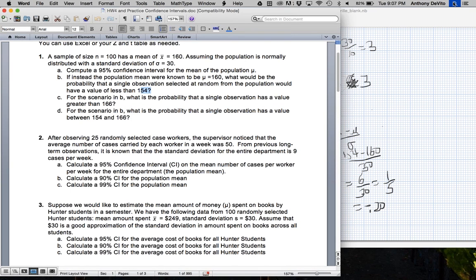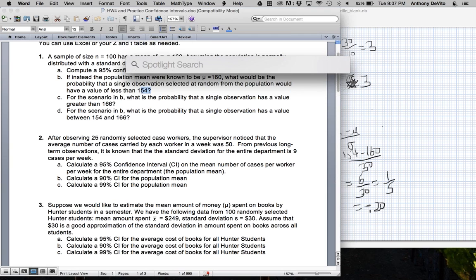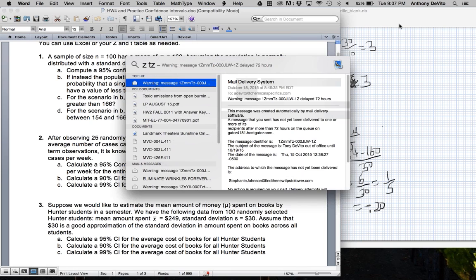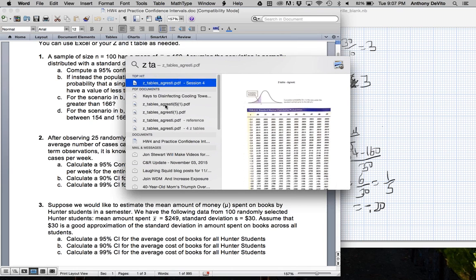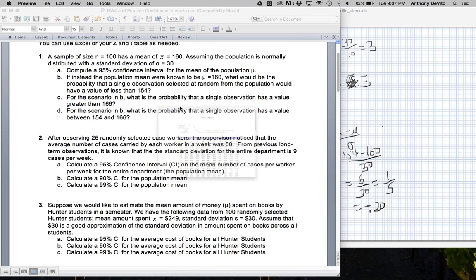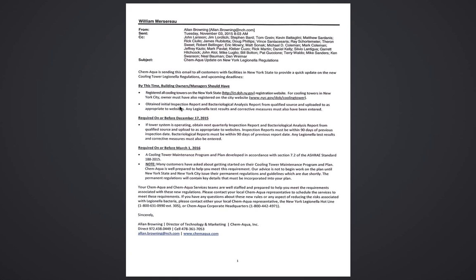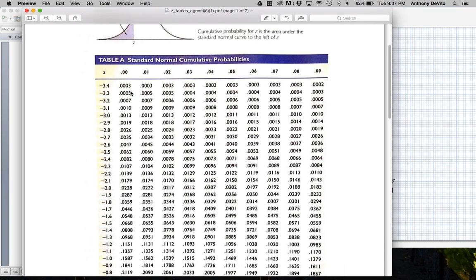Well, I can go to my z table. And look for a z-score. Let's go back here.